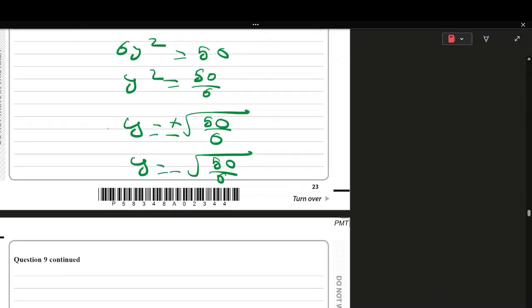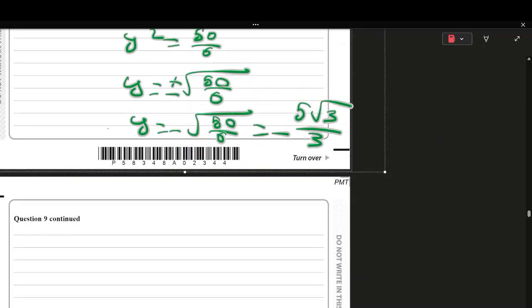And so that is the same as, let's put it in your calculator, minus 5 root 3 over 3. So now we need to find the x.